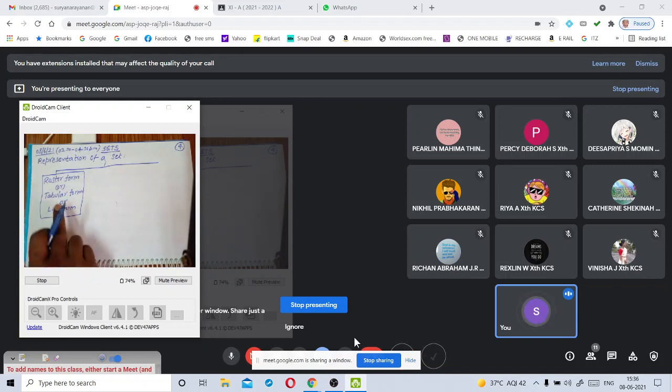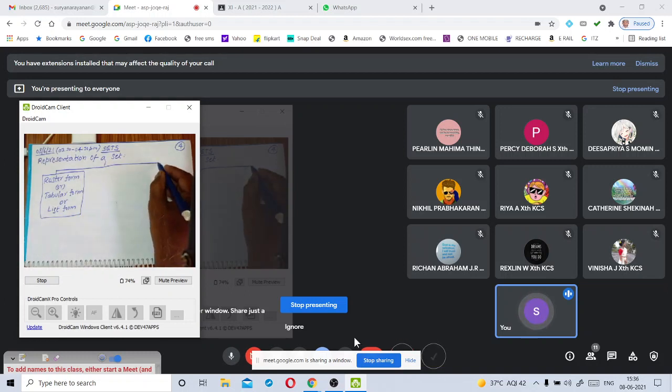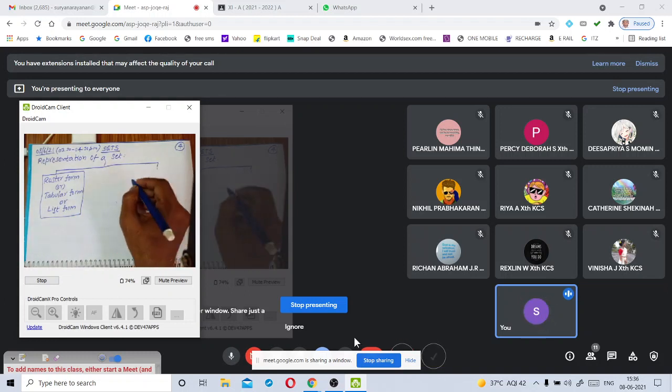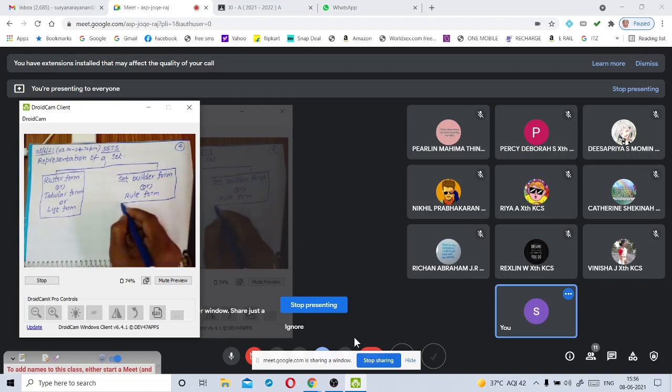We can represent a set in this form. This first form is called roster form or tabular form or list form. And the second method to represent a set is set builder form. We use any one of these two methods to represent a set.